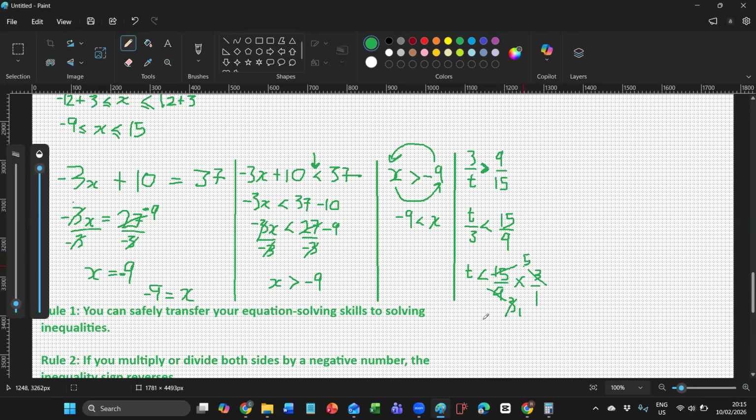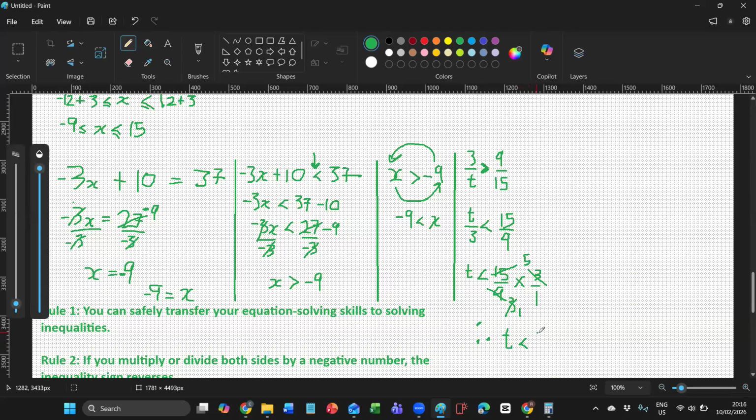Okay, so we're going to have, therefore, c. So we're maintaining the sign now, after the reversal was only at the top there.